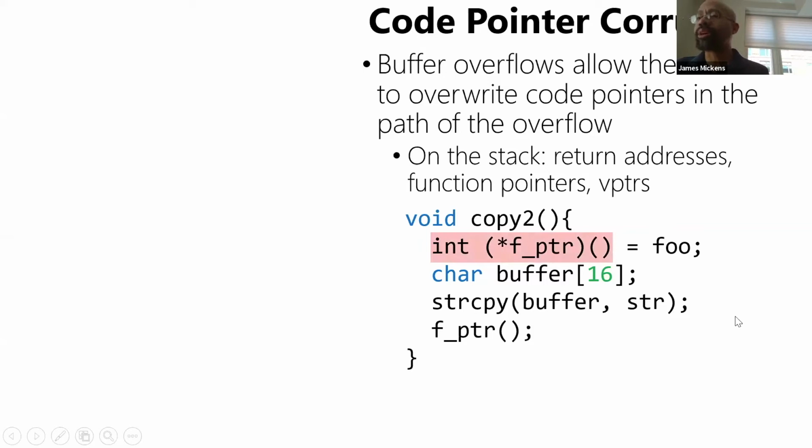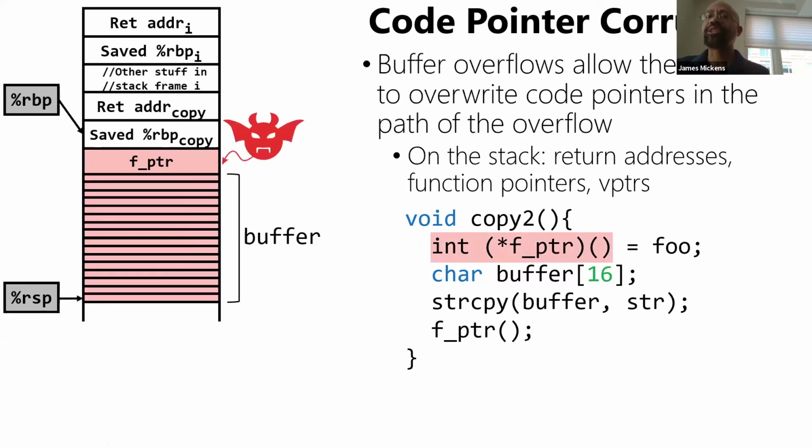Now the problem though is that this function pointer here is vulnerable, right? It's vulnerable because of the buffer overflow. As the buffer overflow goes up, we actually see that the F pointer here is in harm's way. It can actually be stomped over by the buffer overflow.